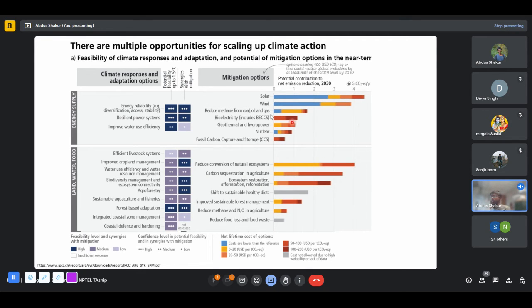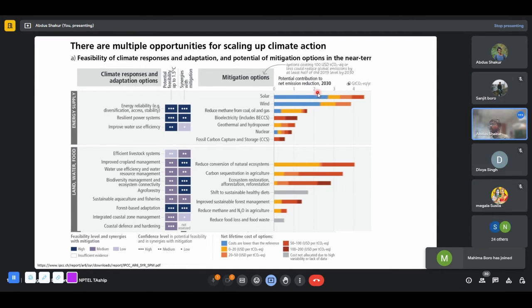And so there are multiple opportunities for us to scale up our fight against climate change using solar energy. If you look here, if you increase the solar energy capacities of the world, we can try to remove somewhere around 4 gigatons of carbon dioxide equivalent per year from getting emitted into the atmosphere.